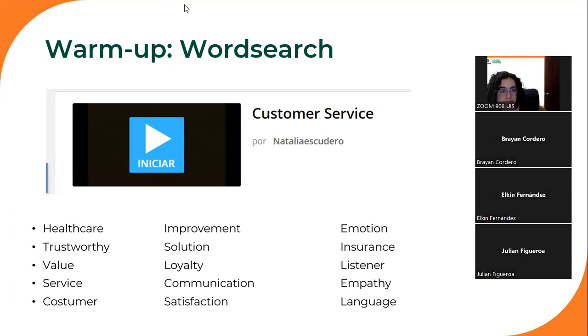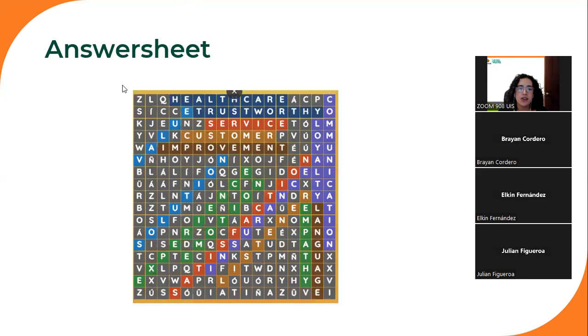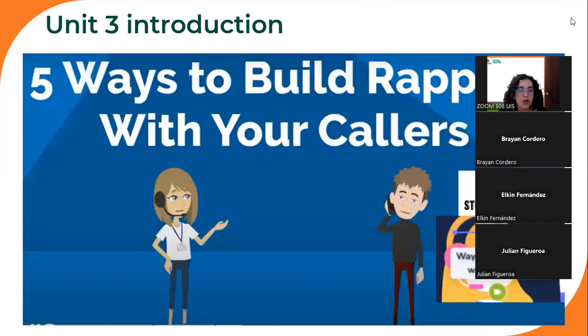All right, excellent, guys. We had some minutes just to work on the activity. Here you can see the answers on the word search. You can find them here. All right, guys. So we are going to continue with 2 videos. The first will be about rapport. We started this on Monday, but we couldn't finish this part.